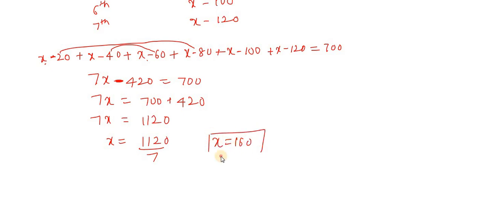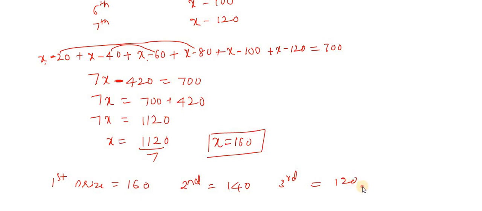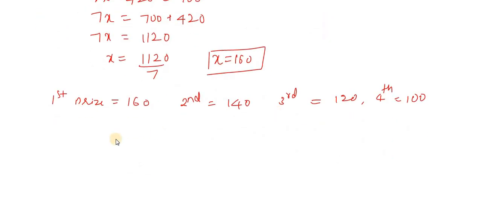So the first prize is x, which is 160. The second, 20 rupees less, is 140, the third is 120, the fourth is 100, the fifth is 80, the sixth is 60, and the seventh is 40 rupees.